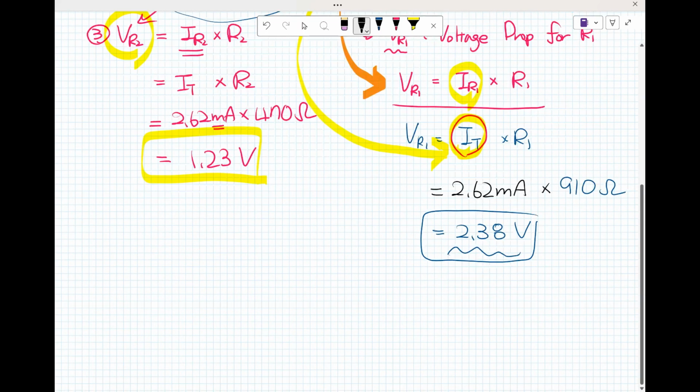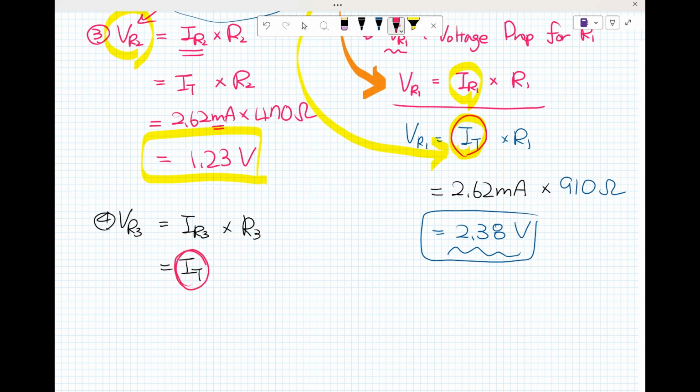What is V sub R sub 3? Same thing: I sub R sub 3 multiplied by R sub 3. This is I sub T, and you can substitute I sub T. Why? Because in the DC circuit, each component's resistor current should be the same.